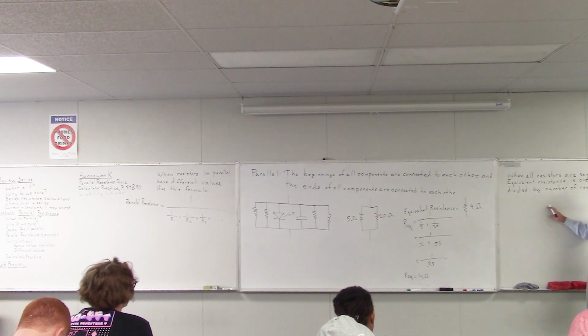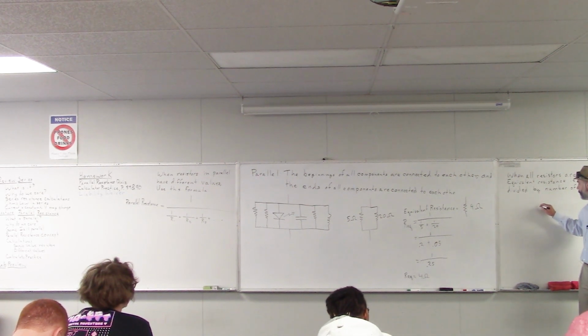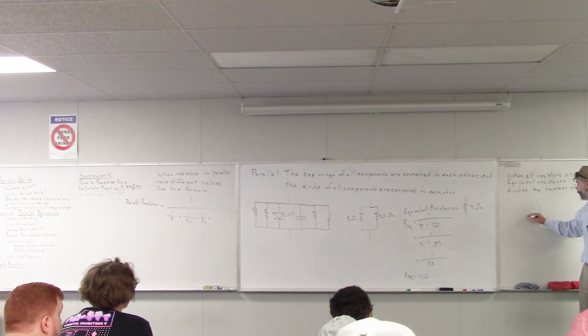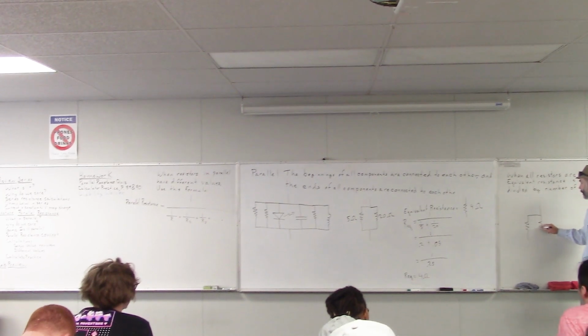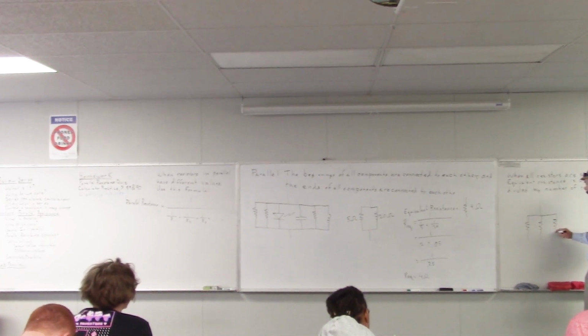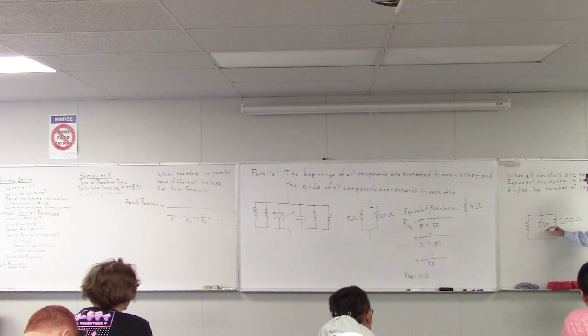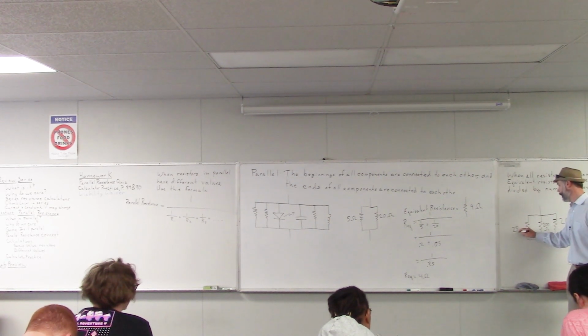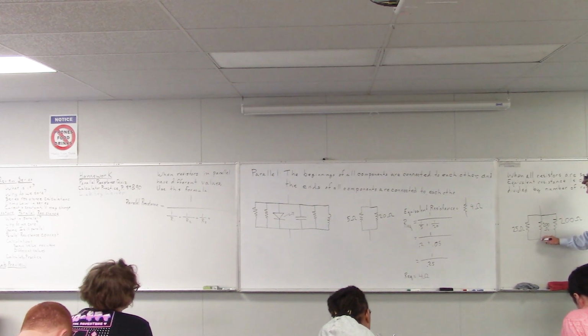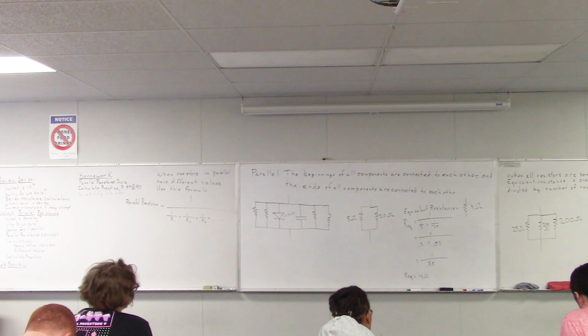Let's say we got a parallel circuit here, and we got 3 resistors this time. 2 of them are 200 ohms, and 1 of them is 25 ohms.